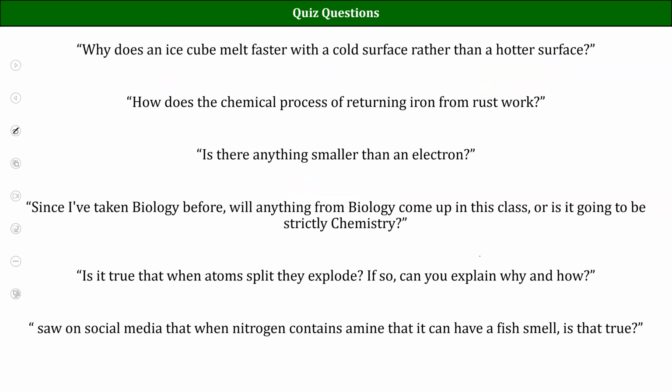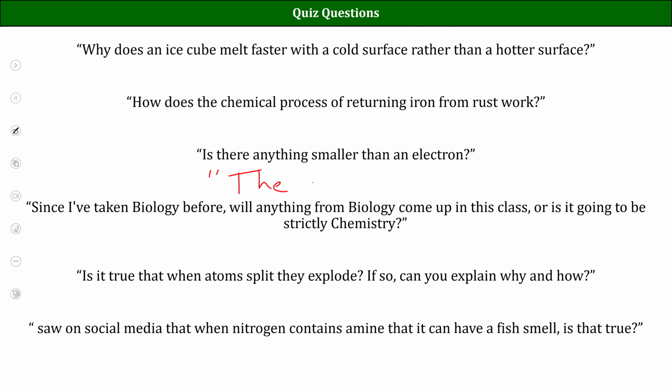More on that, and lots more on that when we get to Gen Chem, when we talk more about reactions in general. Somebody asked, is there anything smaller than an electron? And to that I say, I'm not a theoretical physicist. If you want a good place to start, the Wikipedia page that you should start from is called the Standard Model.